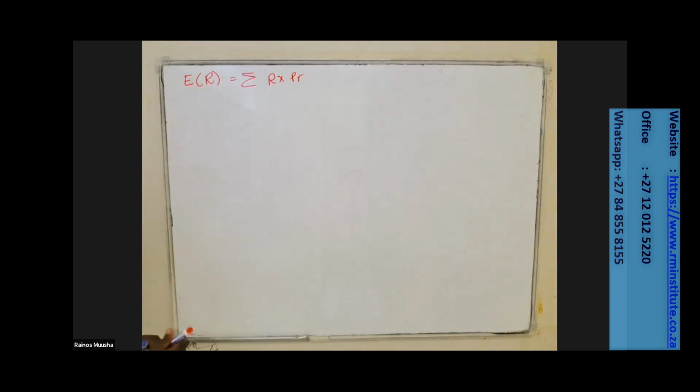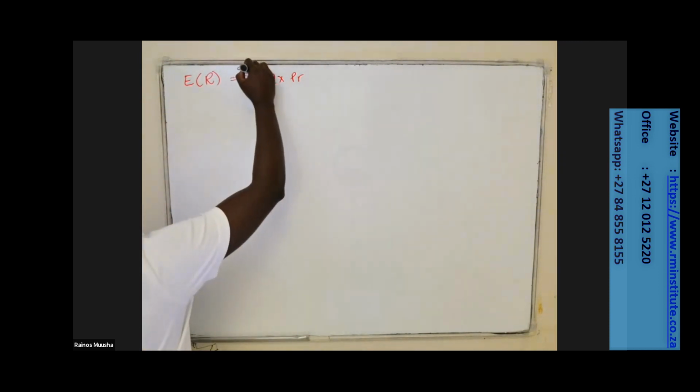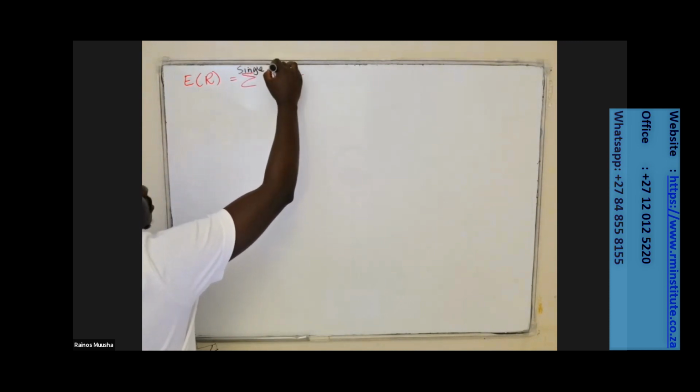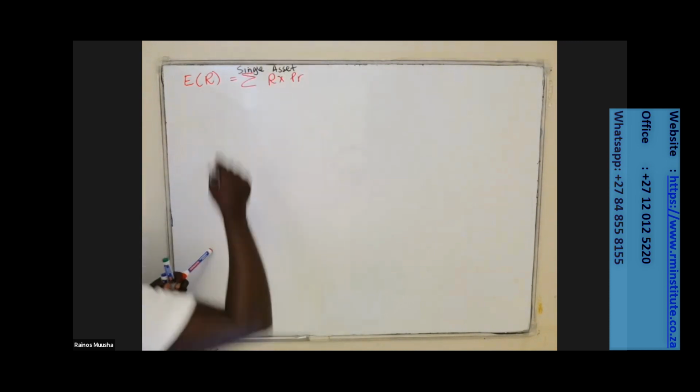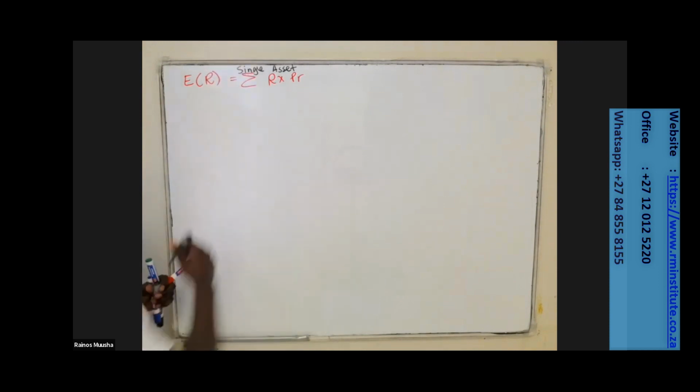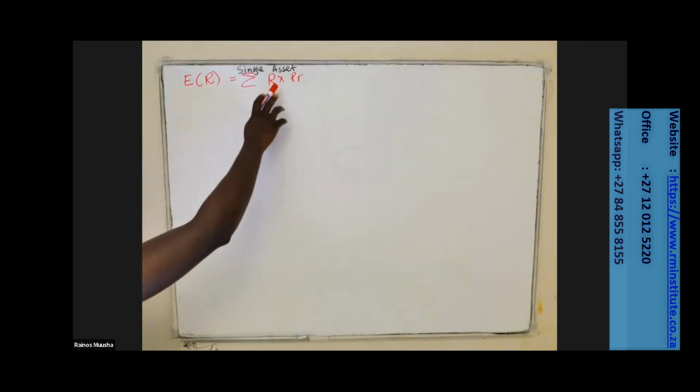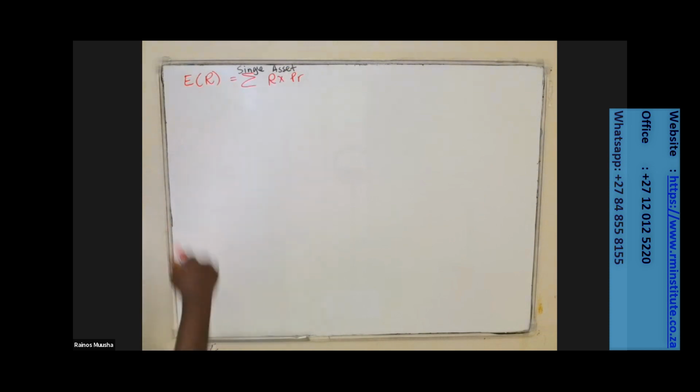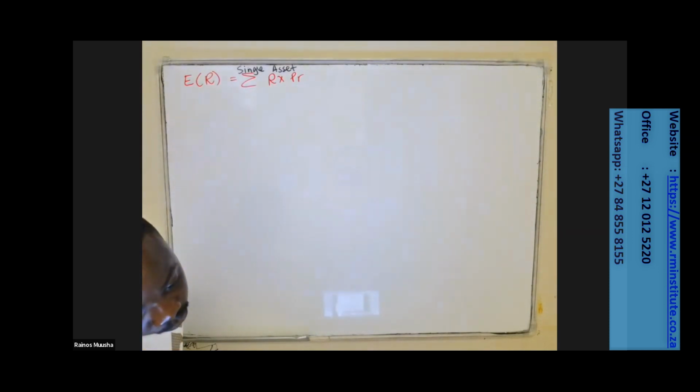So for a single asset, the expected return is the sum of each return multiplied by the probability of earning that return. That's how you would calculate the expected return.